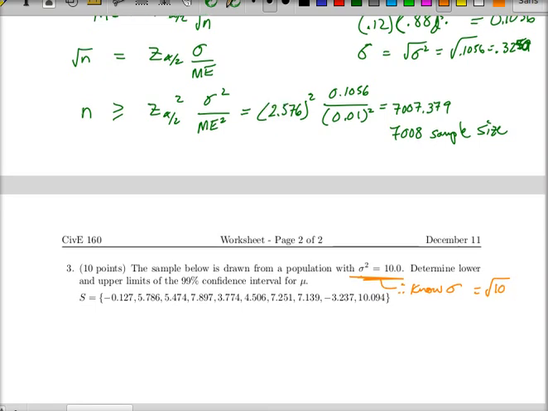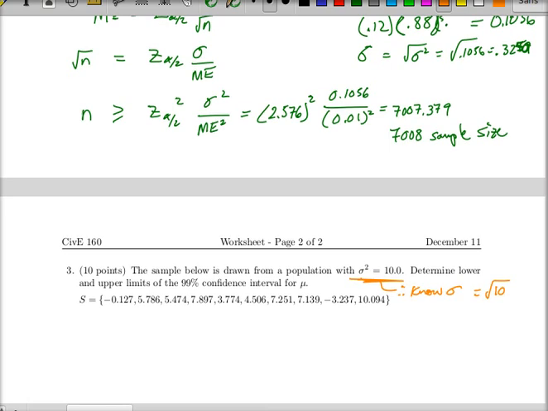It says here to go ahead and put together confidence limits for the interval for mu. So let's first find x bar, which is going to be the sum of the samples over n. There are 1, 2, 3, 4, 5, 6, 7, 8, 9, 10 samples. That's convenient. Let's go ahead and add them all up.